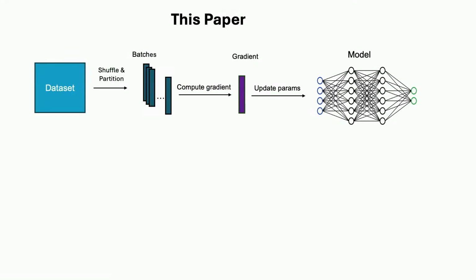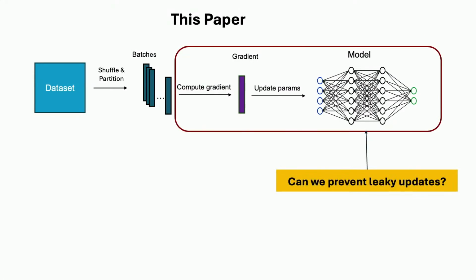So this slide here shows standard stochastic gradient descent. You have a data set, you shuffle and you partition this data set into batches. You take one of those batches, you compute a gradient, and then you use this gradient to update the parameters of your model. And the main idea here is, maybe we could, rather than clipping those gradients to limit their influence in the final model, we could take a look at a gradient and say, well, is this gradient typical?